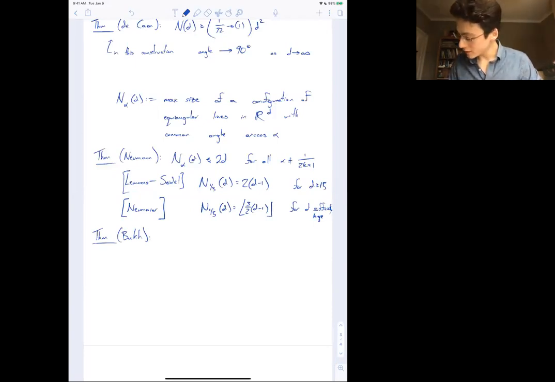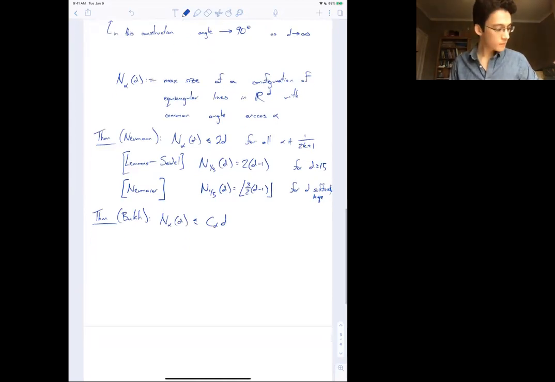And he finally managed to resolve this problem by showing n alpha of d is linear for every value of alpha. So there's only new for 1/7 and beyond, but he showed that this thing was always linear, which kind of resolves the problem of what is its growth rate. The main deficiency is that this leading coefficient, C alpha, has some quite bad dependence on alpha. I think it's maybe exponential in 1 over alpha or something like that.